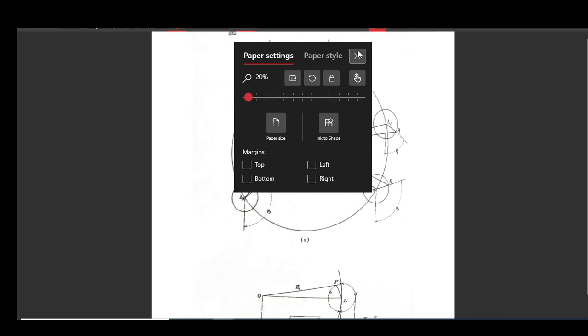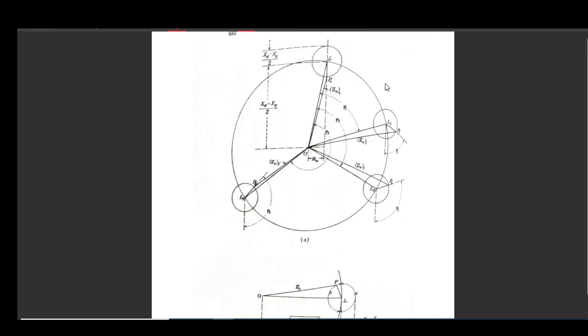Now see here, what is the issue? It's very simple.